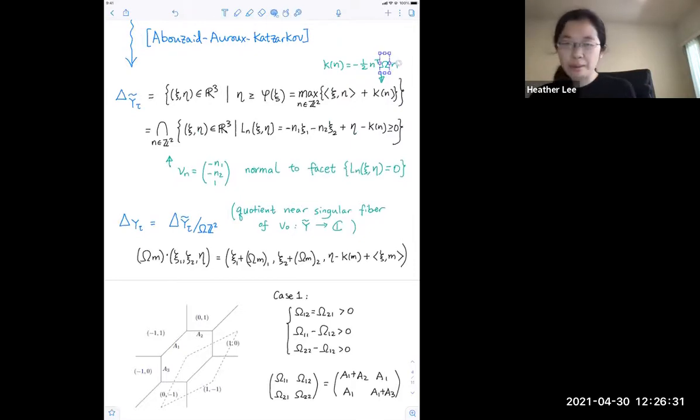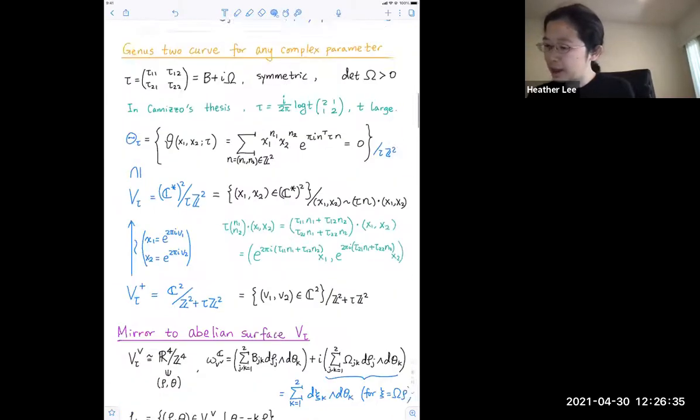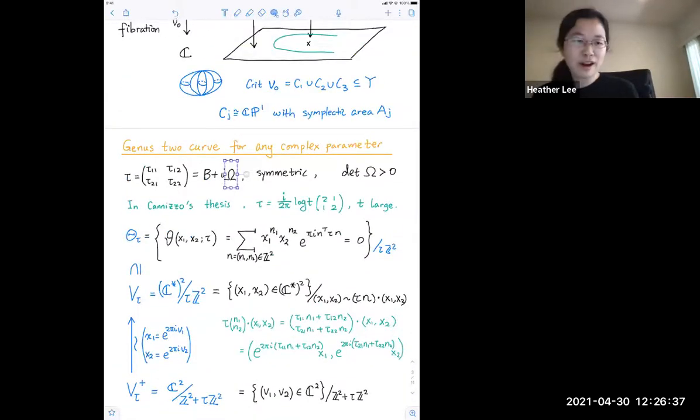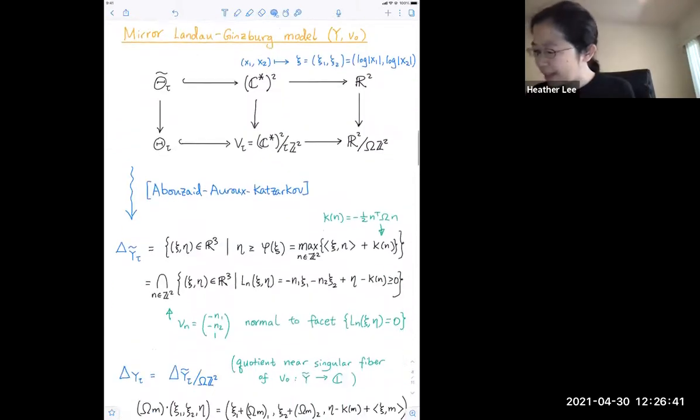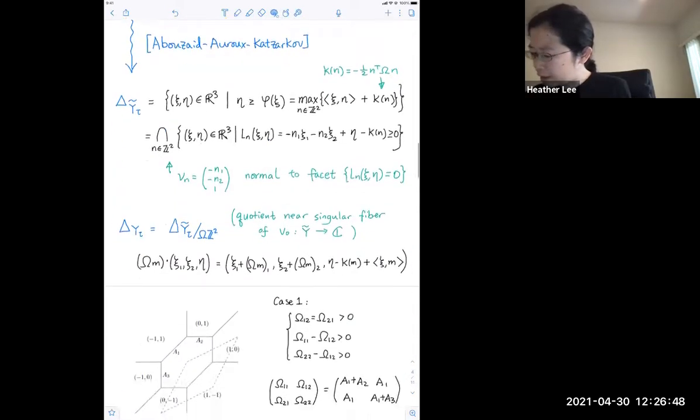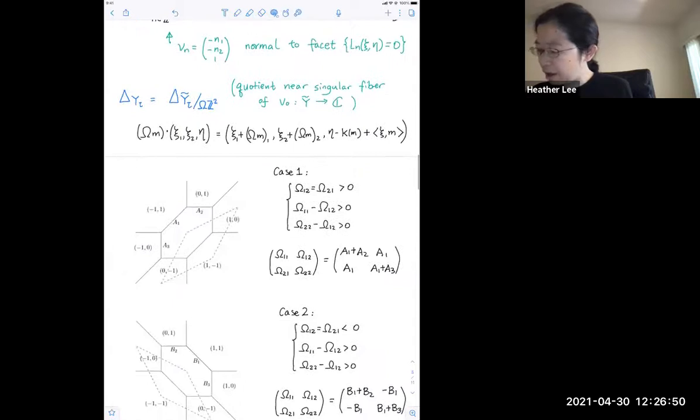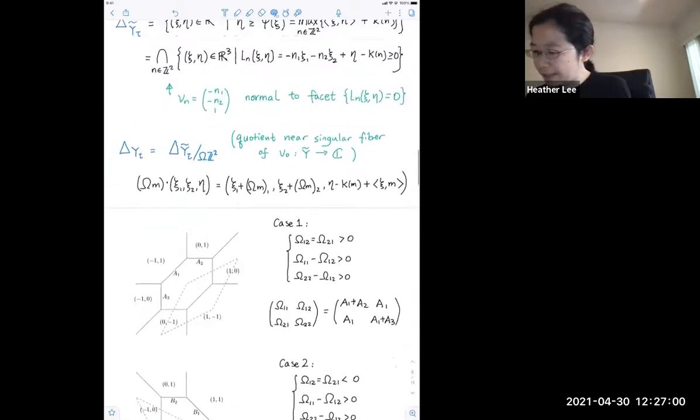Remember that omega to begin with was the imaginary part of the complex structure of the abelian surface, and that factors into how the mirror looks. Depending on the parameters of omega, what kind of criterion they satisfy, there are 4 cases.